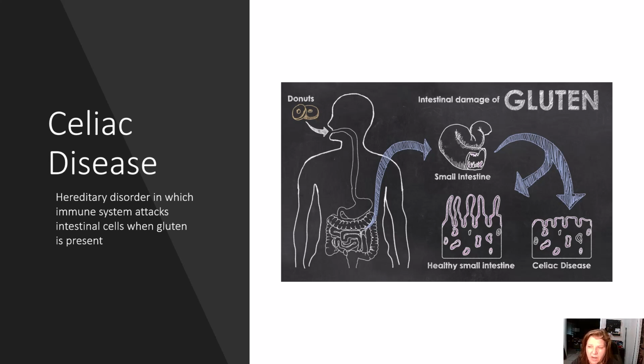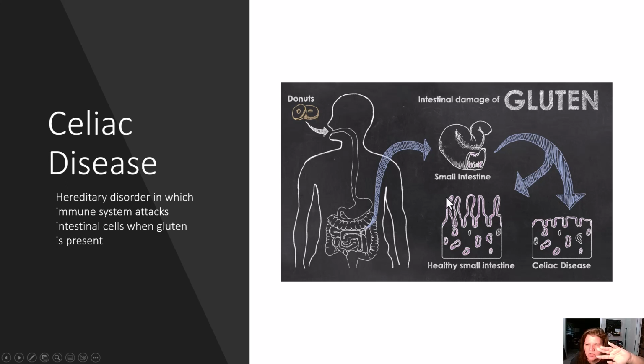The problem with celiac disease is it's literally changing the intestinal cells, eating away at them because the immune system is attacking them. So you can see here in this picture how, or we talked about on the inside of the small intestine, it had the villi that were kind of finger-like projections.